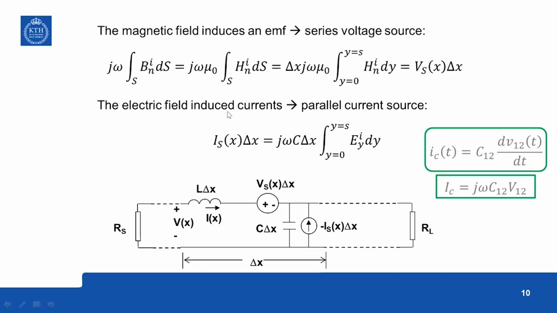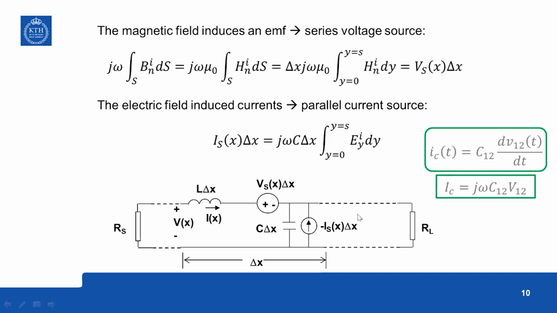Now electric field induced currents will be the parallel current source. That is given by C times the rate of change of voltage. So it is this equation we are writing. Instead of coupling capacitance, it is this capacitance that we have here.